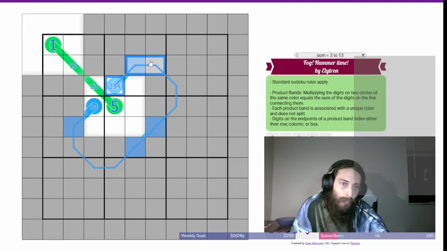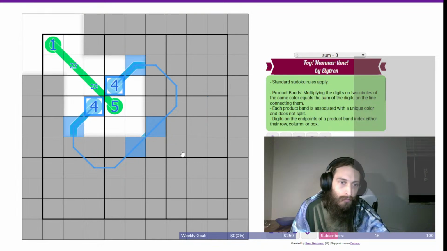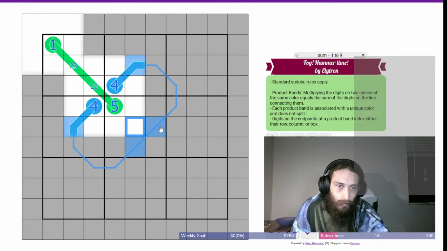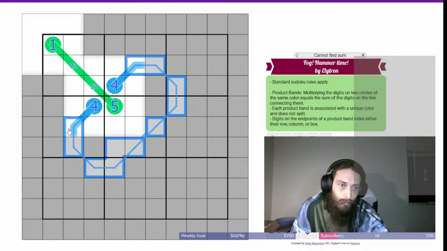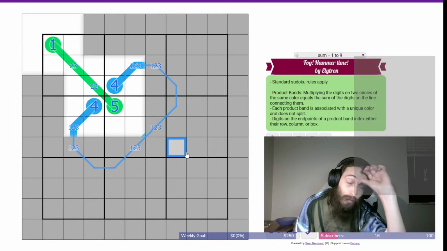Because there's no way to minimize this path to make it shorter. Right, yeah. And if they're all 1s and 2s, that's 15. So they have to both be 4. Yeah, those are both correct. And then we know that these are 1, 2s, and 3s. Or at least we can be confident that those are 1, 2s, and 3s.